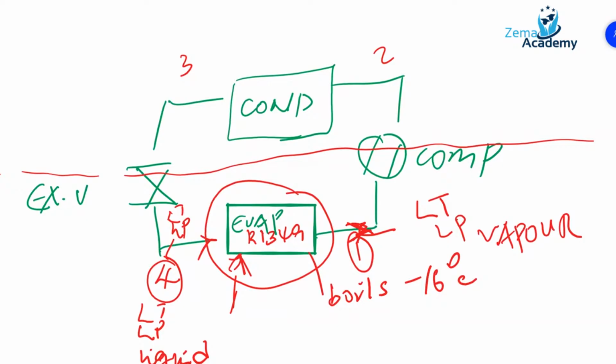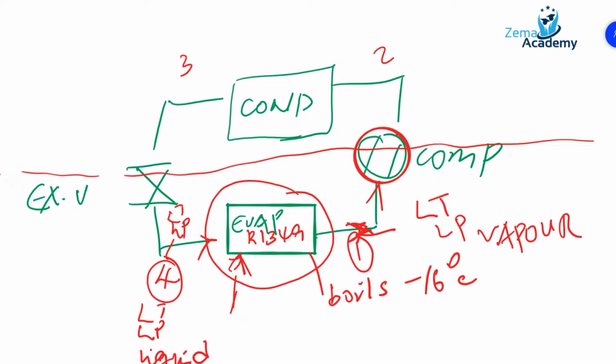And then we feed it into the compressor. The primary function of any compressor is this: at point 1, we have vapor, but that vapor is at a very, very low temperature and low pressure. And the benefit of a vapor or a gas is that by reducing its volume, or by compressing it, we are able to change its property.